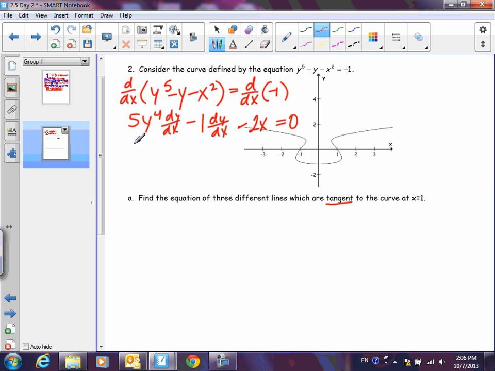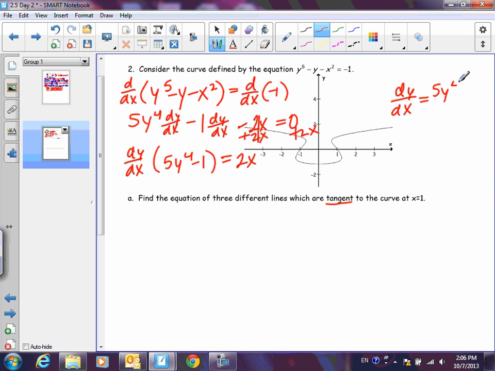You had to add that 2x over, okay? You had to add the 2x. All right, so now when you factor out dy over dx, you had 5y to the 4th minus 1 equals 2x. Let me write the final answer over here. dy over dx should have equaled 5y to the 4th minus 1 all over 2x.